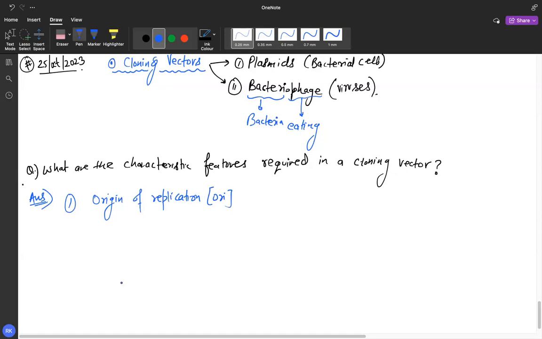ORI is a sequence from where the replication process begins.